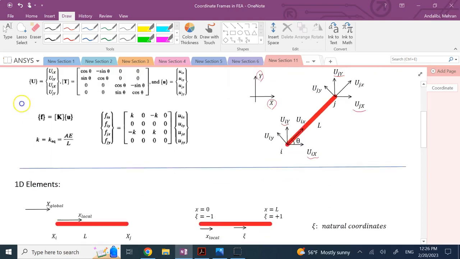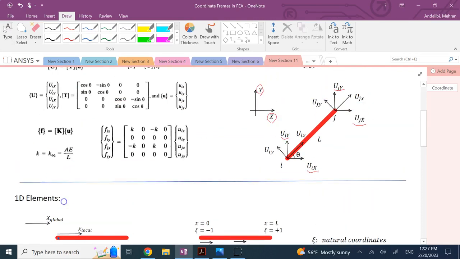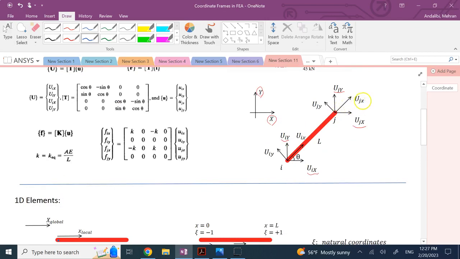Basically, as we'll see in 1D elements, the origin of the local frames are at one of the nodes, right? That's one thing. The other thing is the local frame is aligned with the member. So here I have a new frame, x and y, x small and y small, like this.